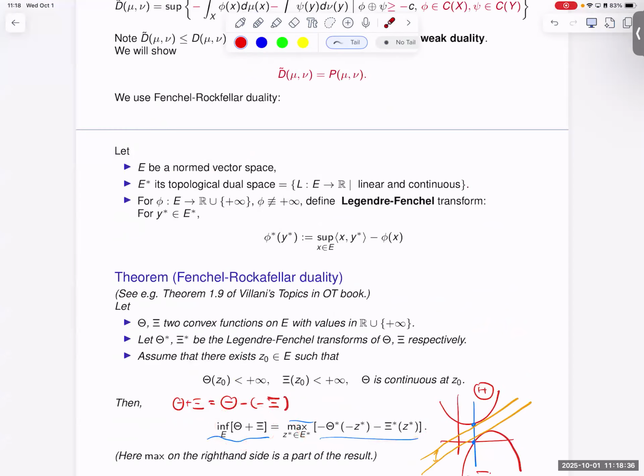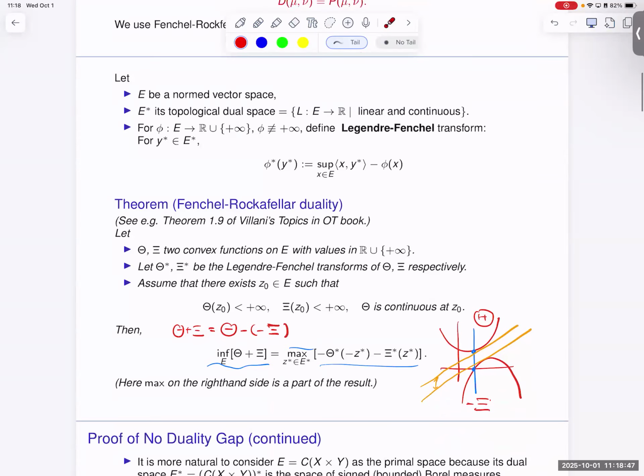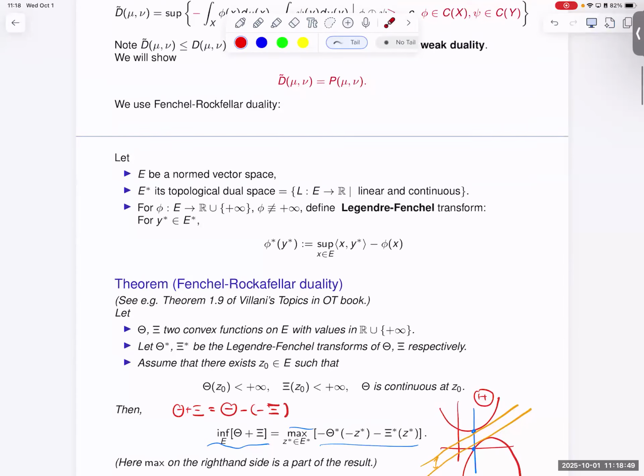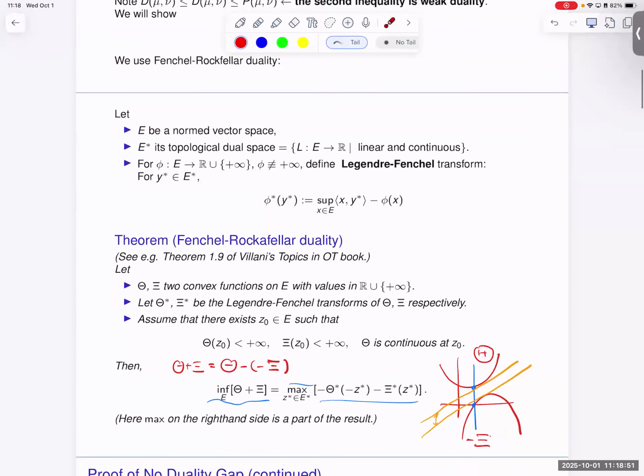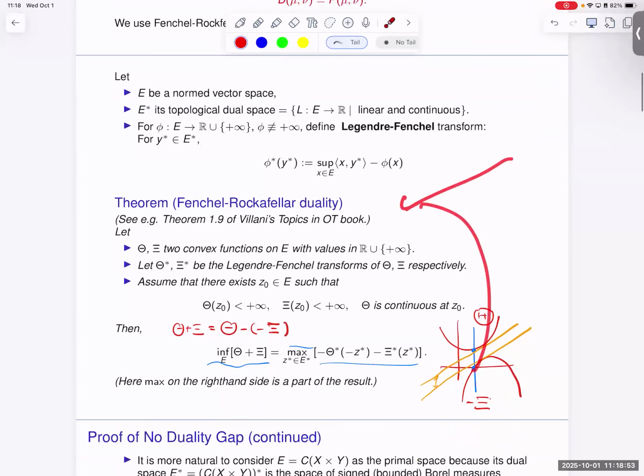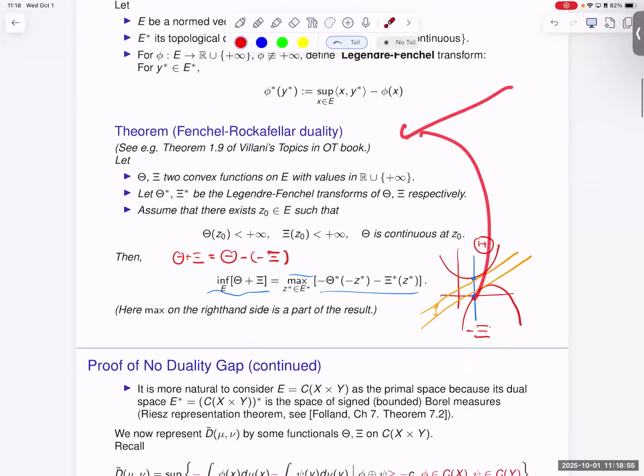Then once we did that, we would have this equation coming from this Fenchel-Rockafellar duality. So now we just translate our optimal transport duality in the context of Fenchel-Rockafellar duality.